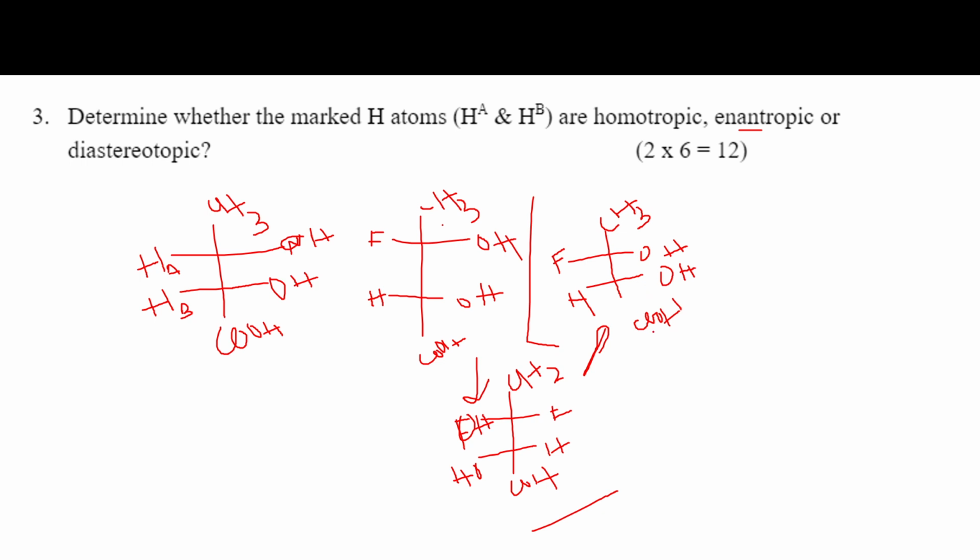If this one were methyl and this one methyl, then if you rotate this molecule, there is a chance to get homotopic. So this is an example of diastereotopic.